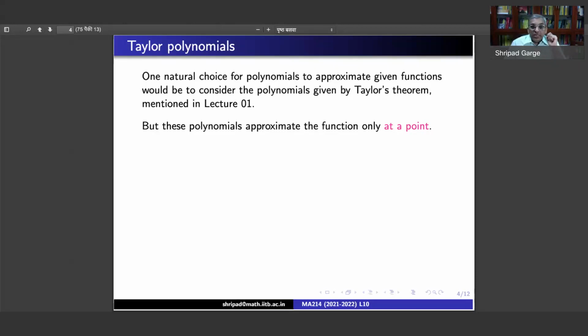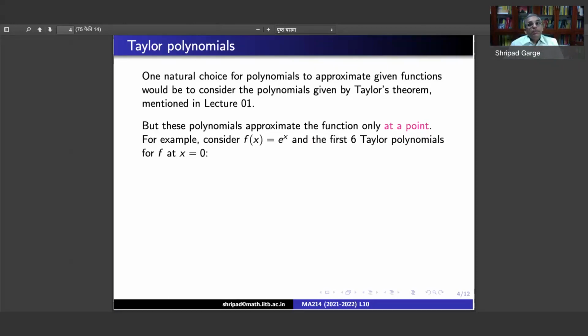So for instance, if you consider this function e power x and take the first 6 Taylor polynomials, they will be p0, p1, p2, p3, p4 and p5. So those are the first six Taylor polynomials, the 0th one, first one, second one, up to 5th one. And you know what those polynomials are.